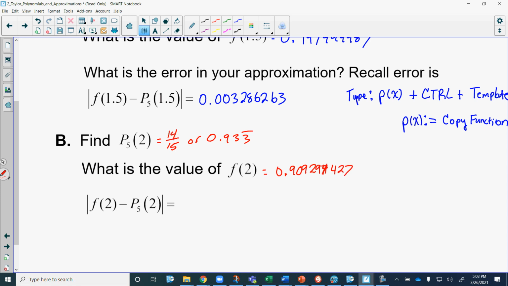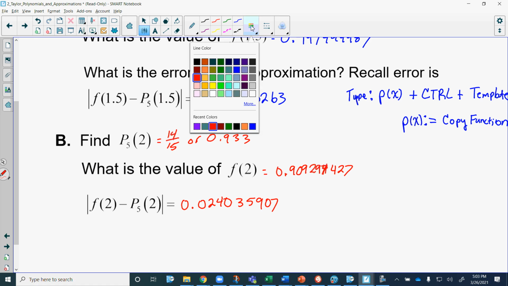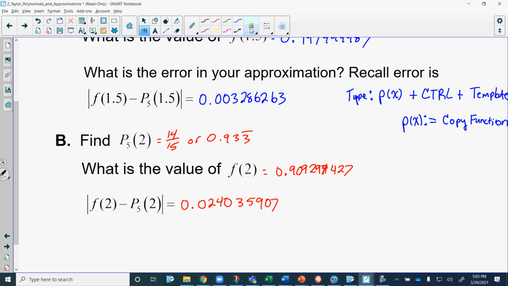And if I take the difference between those two numbers, I get an error of 0.024035907. So from the error that we had here to the error that we had here, you notice that the error is increasing.